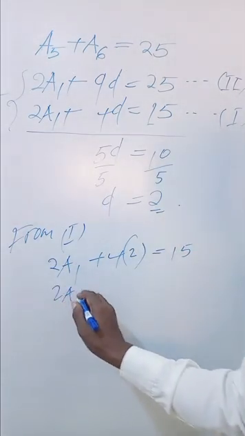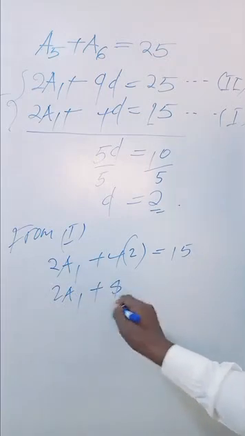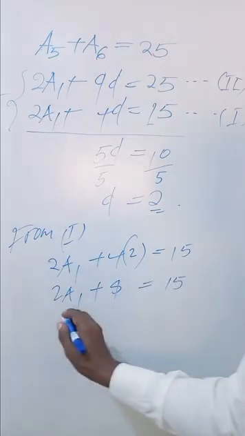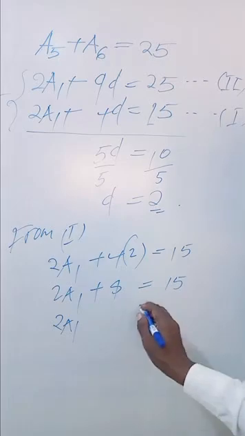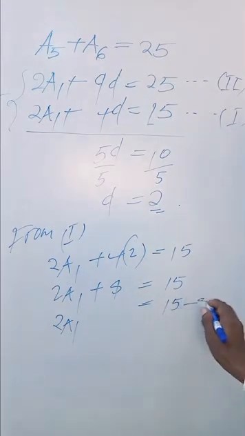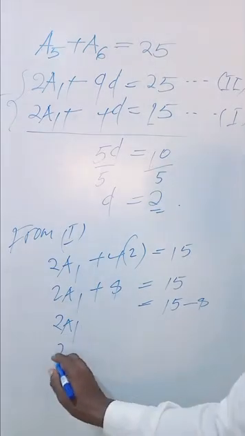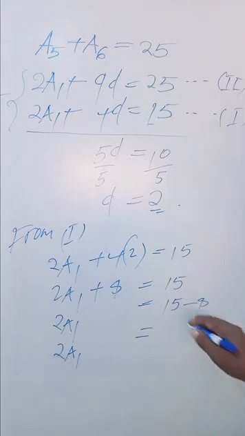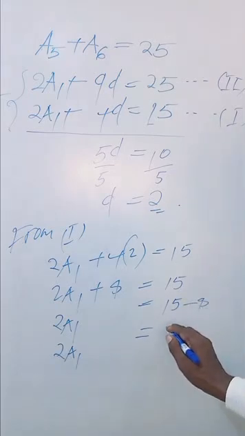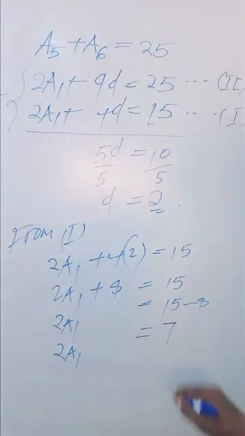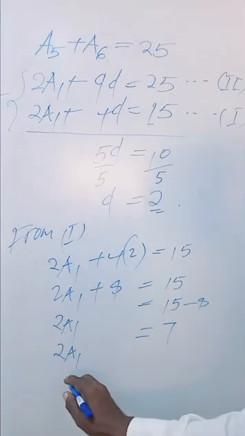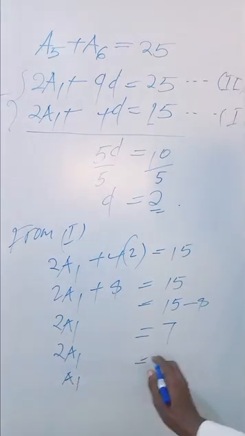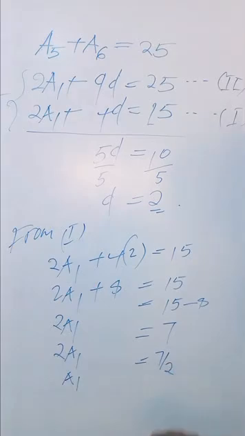So 2A1 plus 8 equals 15. 2A1 equals 15 minus 8. When we subtract here, we get 7. So what is our A1? It will be equal to 7 over 2.